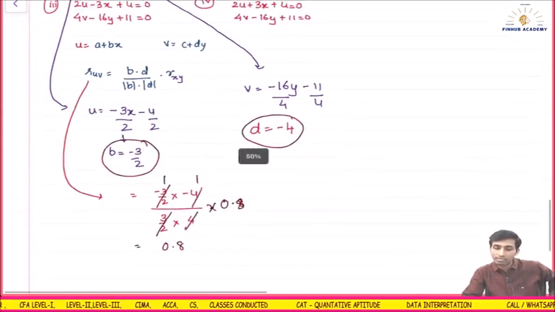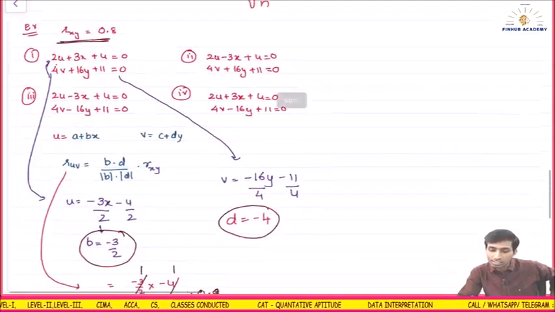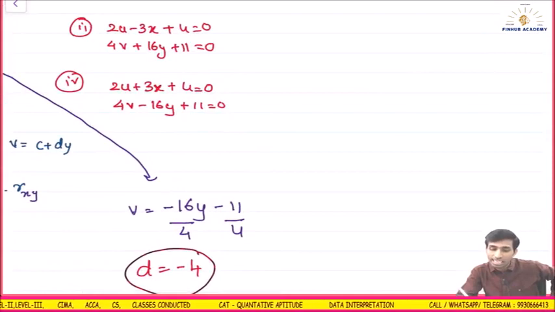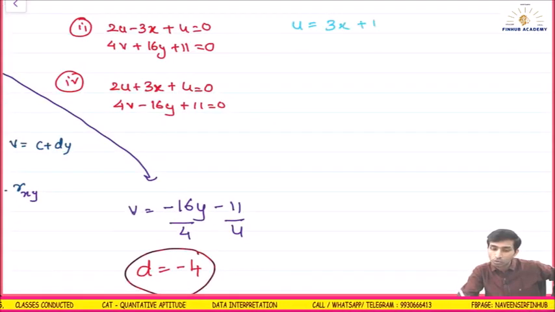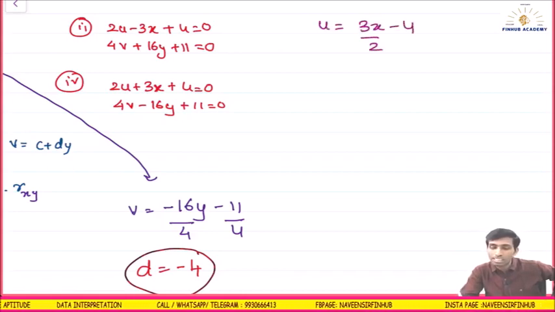Same way, for the second equation, you can try this. Let's do it orally. Let's say I want to find u. So u is equal to 3x minus 4 upon 2. So my b is 3 by 2, right?